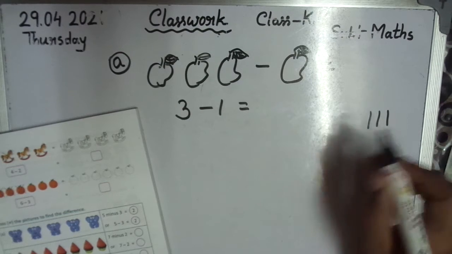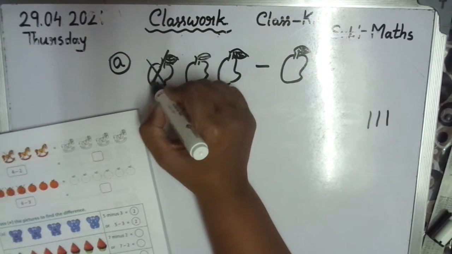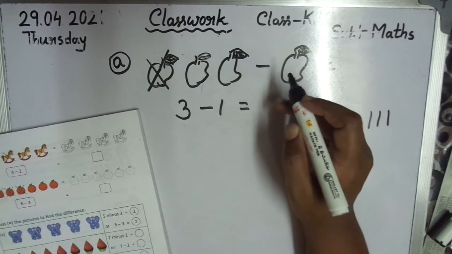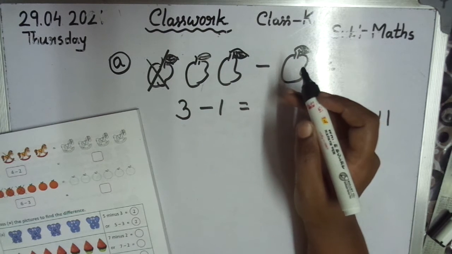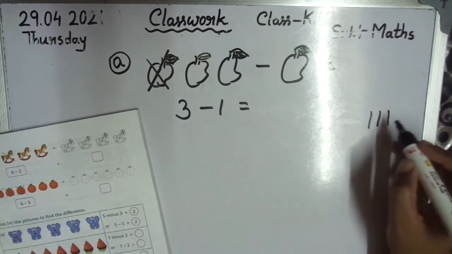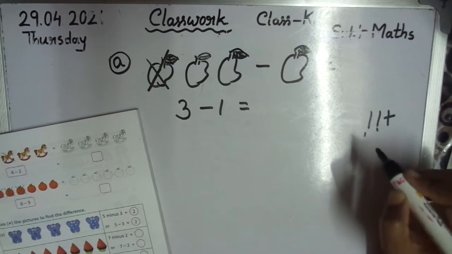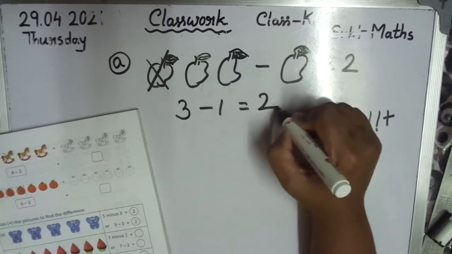So 1 take away. Minus 1. So the answer, one take away, so 1, 2. So the answer is 2.